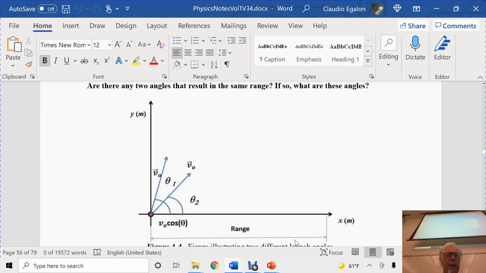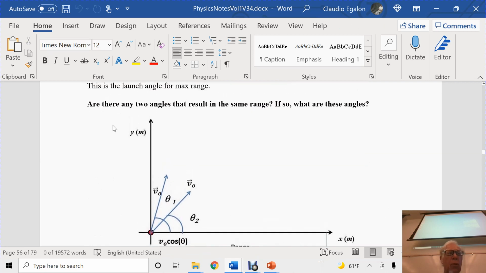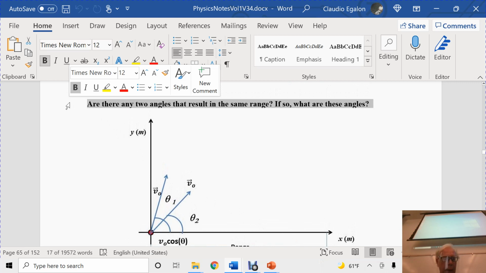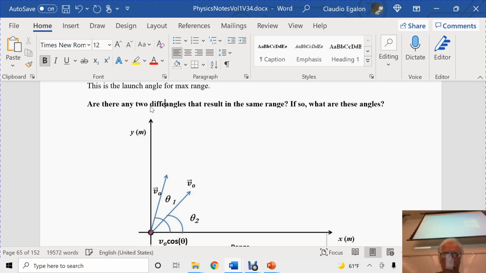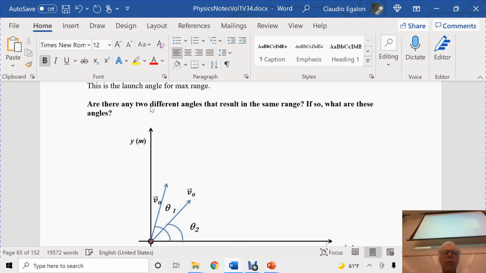The next problem I want to pose to you is: are there any two different angles that result in the same range? If so, what are these angles? Okay, that's the next one.